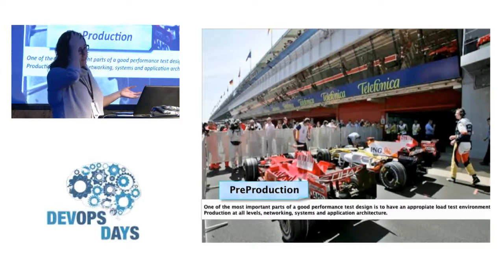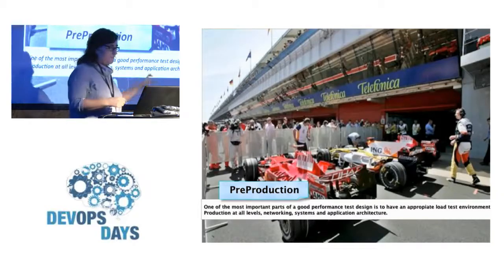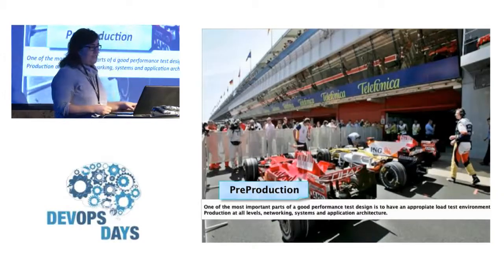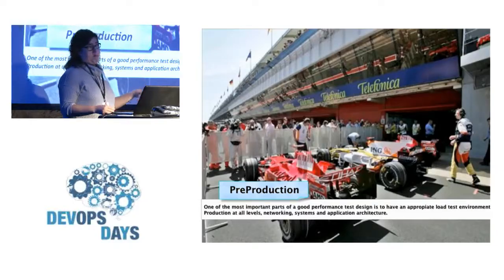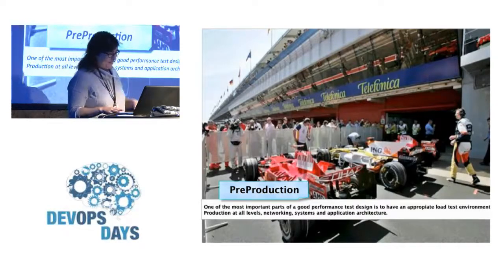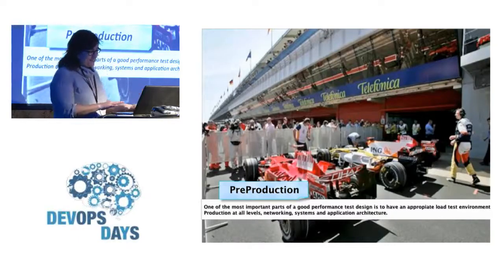So you cannot have, for instance, a MongoDB that is exactly the same as your production MongoDB server, and your front ends are like 8 times less. Okay, and this is a real, real example, because you're not going to do anything with that.